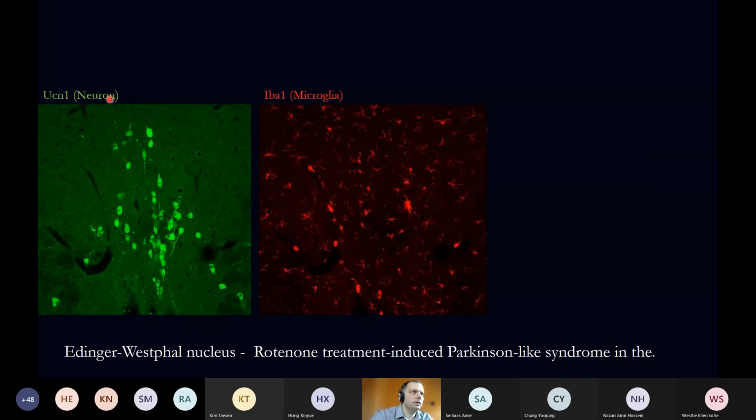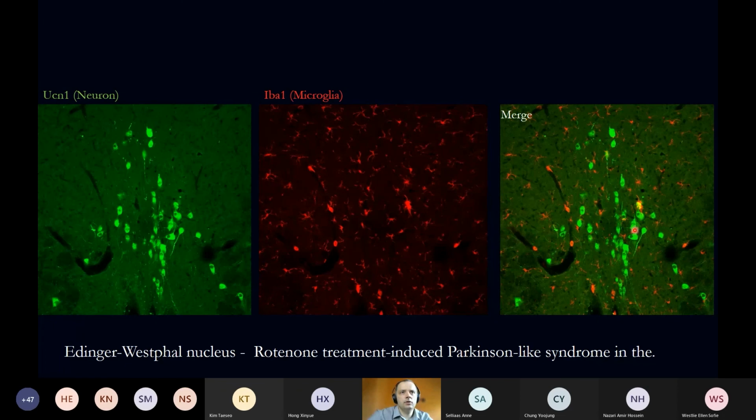And what we did, that we stained the microglial cells in the red brain after we made them Parkinsonian. And it turned out that some of our green neurons get also red, which means that they are attacked by the microglial cells.